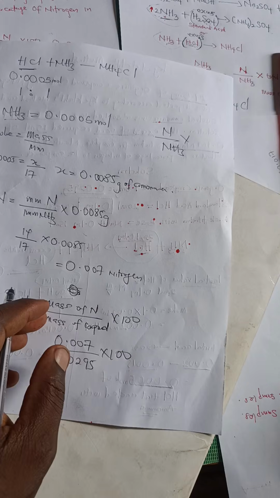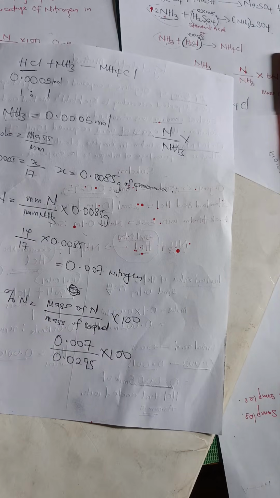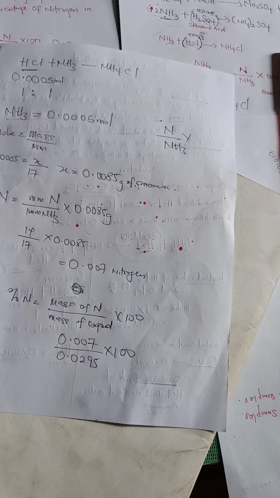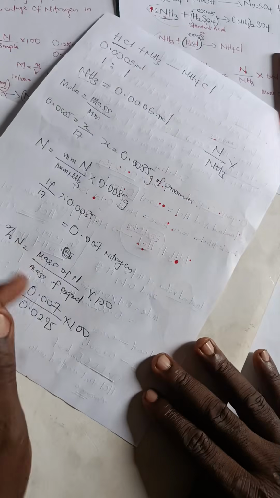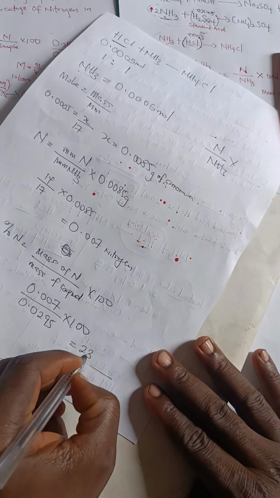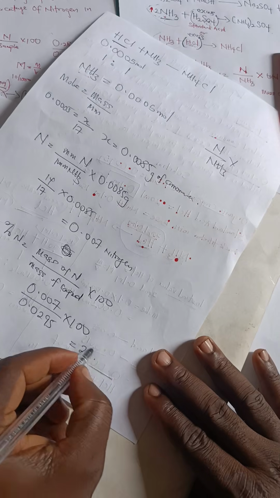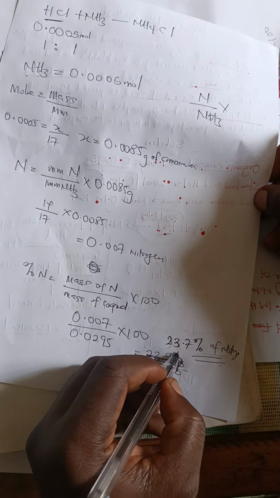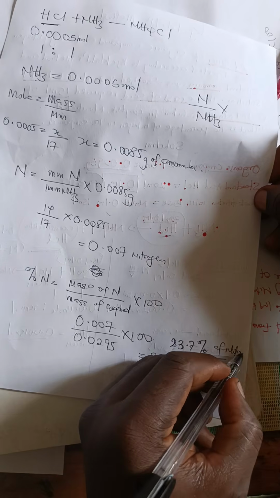So 0.07 times 100, that's 7, then everything divided by 0.295, which is going to give us what? 23.7. So you should have 23.7% of nitrogen.